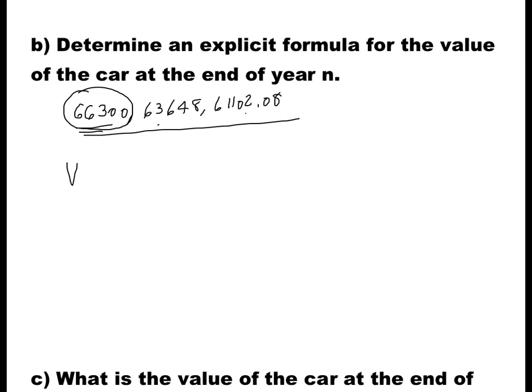So I can write V, the value after n years, is going to be the initial value times 0.96 exponent n minus 1.